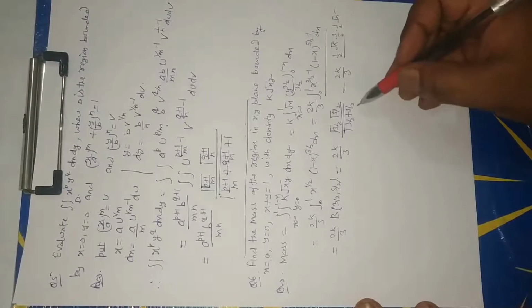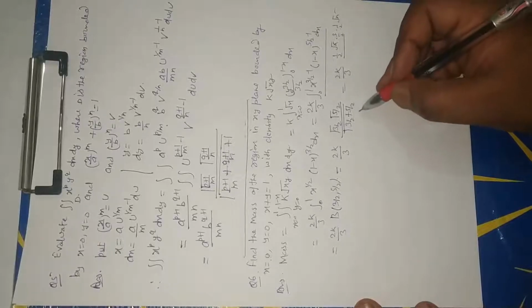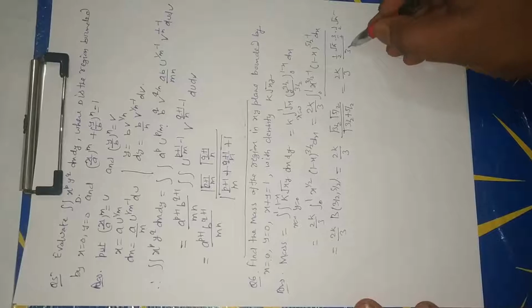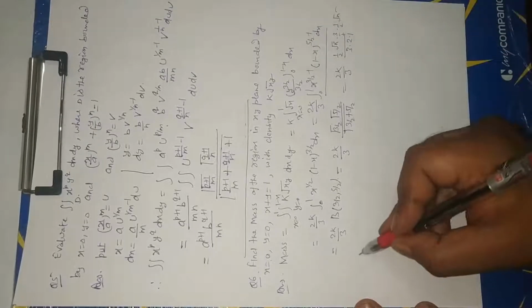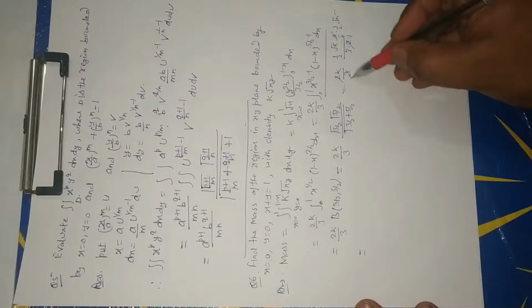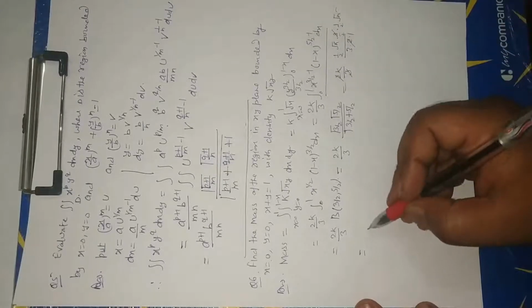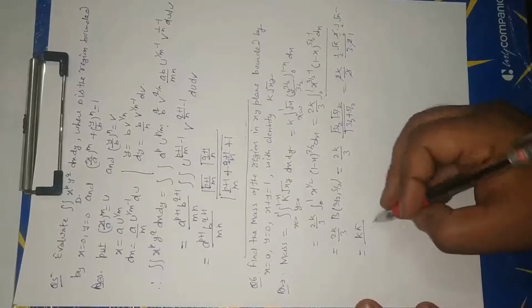Now gamma of 4, since 3 by 2 plus 5 by 2 is equal to 4, the value of gamma 4 is 3 factorial, that is 6. Now 2 cancels with this and 3 cancels with this 3. This is equal to k pi upon 24.